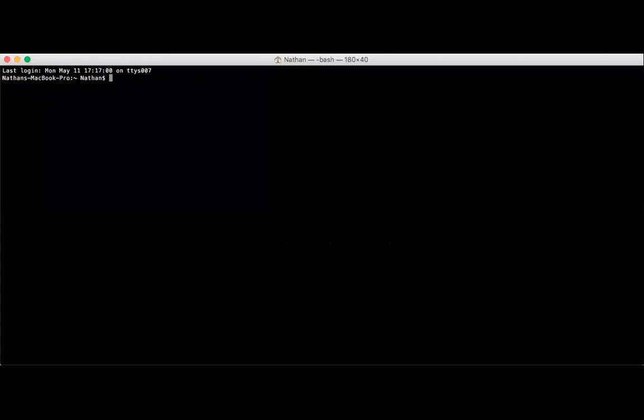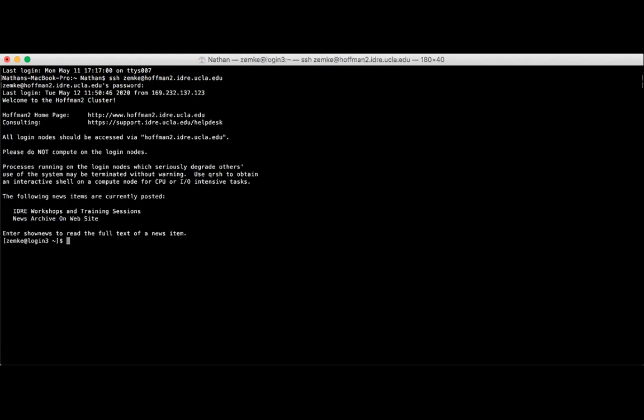Let me know if the screen, so I'm trying to make it so you guys can see what I'm doing, but let me know if there's any issues with that. So I'm gonna log into Hoffman. You guys should do this too. Obviously, I'm not a very good typer. You won't see your password as you type it.